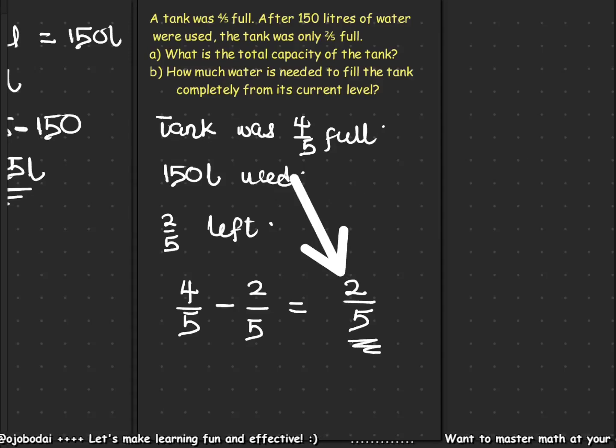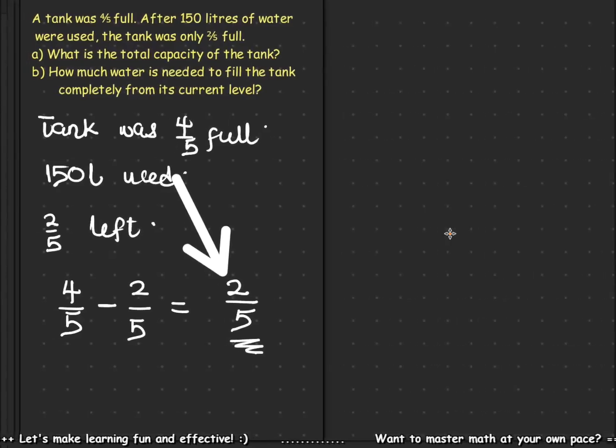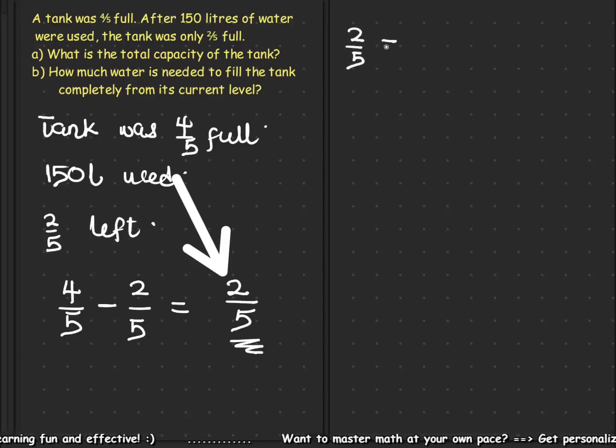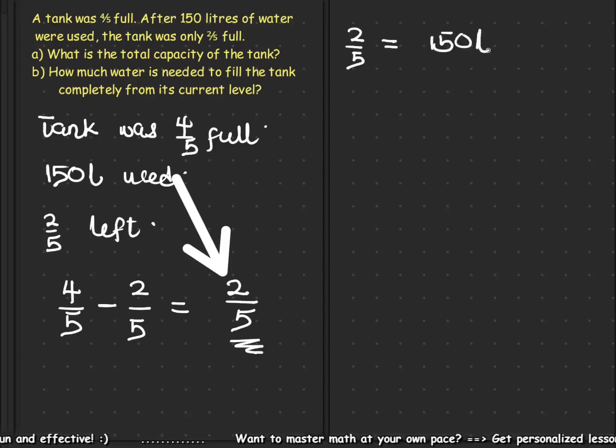Okay, now that we know the fraction that was used, using ratio and proportion, we'll say that if 2/5 is equal to 150 liters, you see, the total capacity will be what? 1.